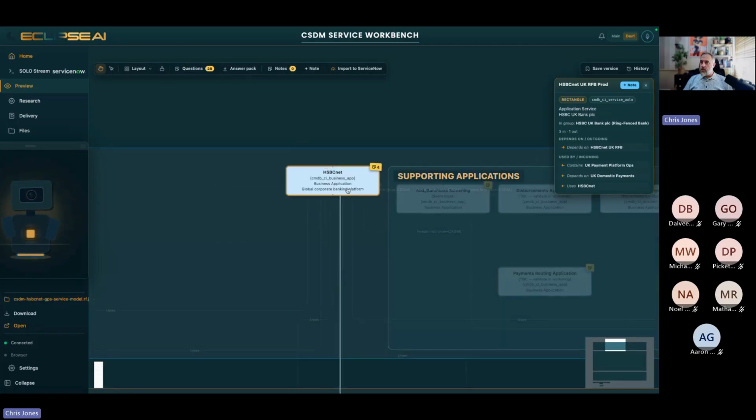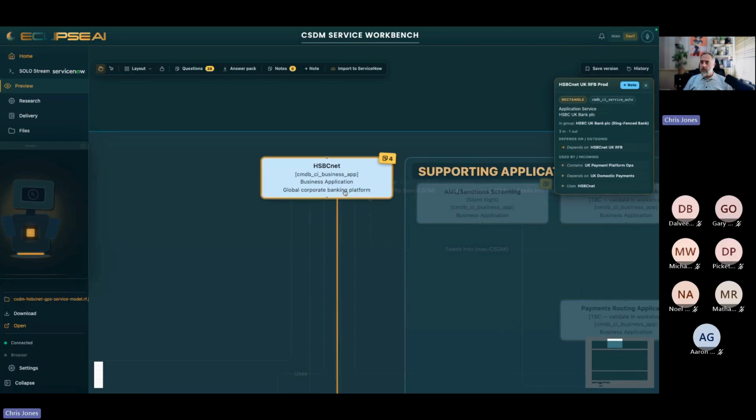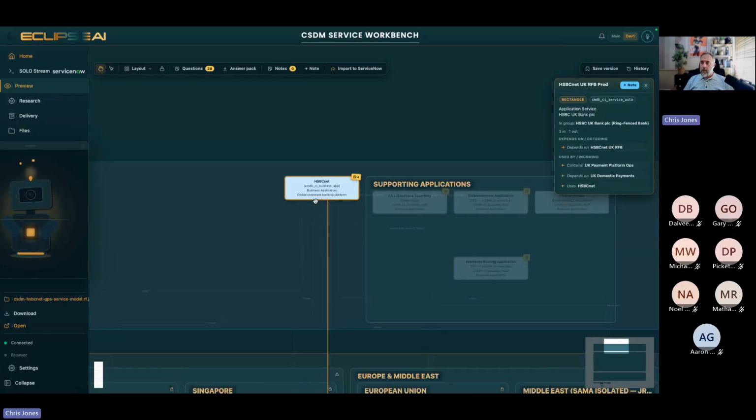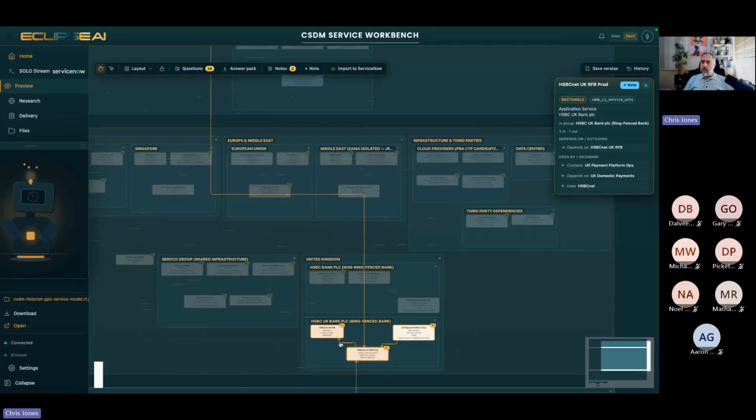It then has a relationship with a business application, which is monitored and measured from an enterprise architecture perspective against the business capabilities and the business architecture of HSBC. And that's really useful to understand.